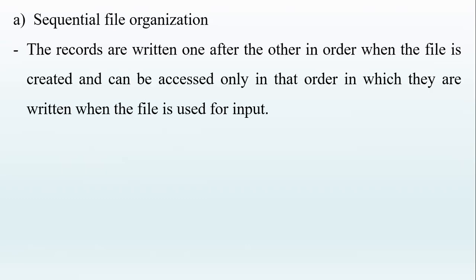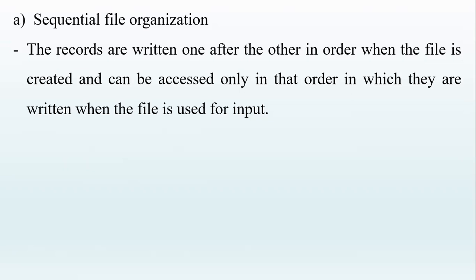So what is sequential file organization? This is a way in which records are written one after the other within the file in order when the file is created, and can be accessed only in the same order in which they are written when the file is used for input.